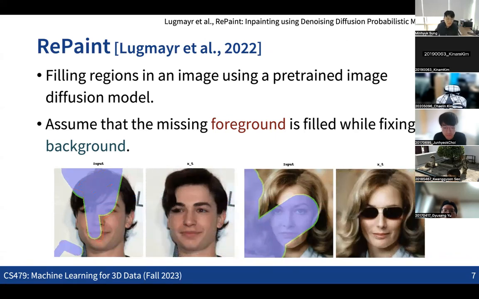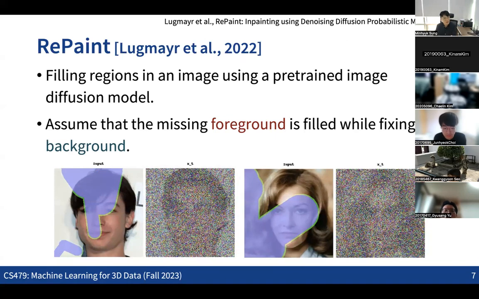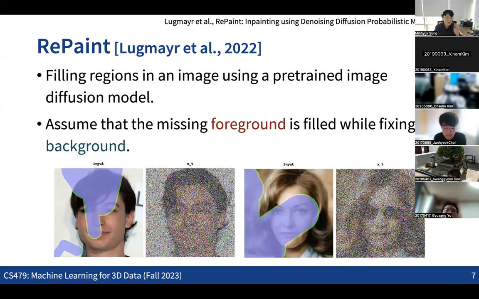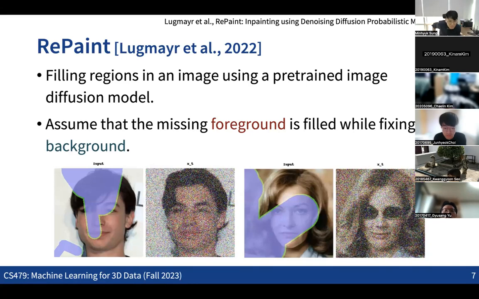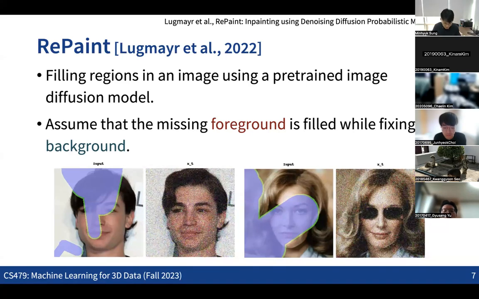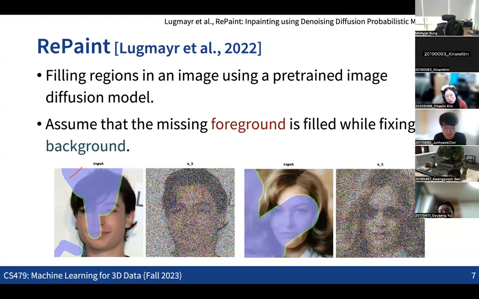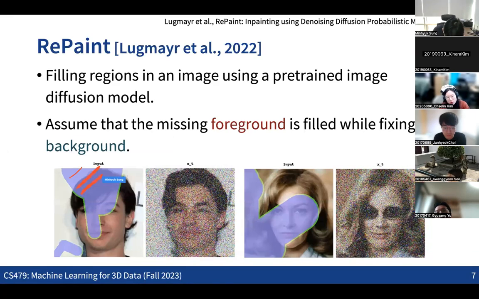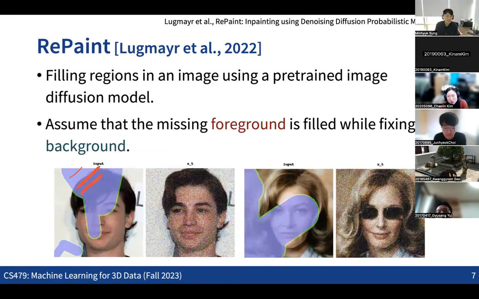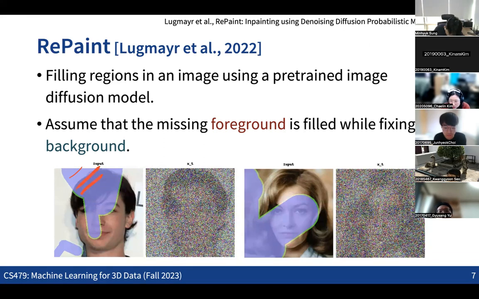So how can we run the pre-trained diffusion model, which is not trained with such a mask, and run the reverse process in a way that we can fill in the missing region, making the filled information in this mask seamlessly connected with the background? So that's basically what we are going to do.